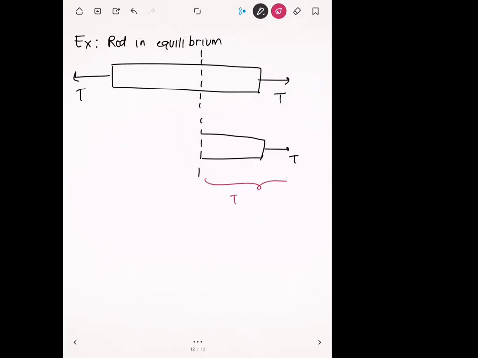And in order for that segment to maintain equilibrium, a stress has to develop on the surface.